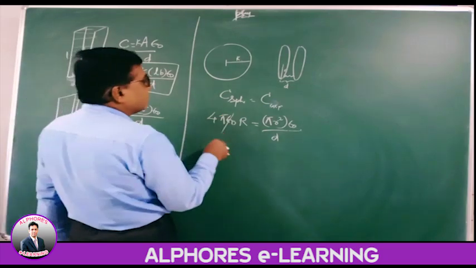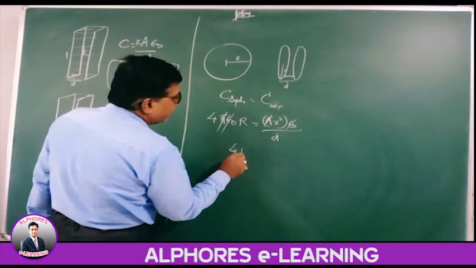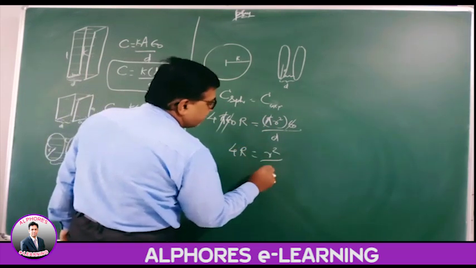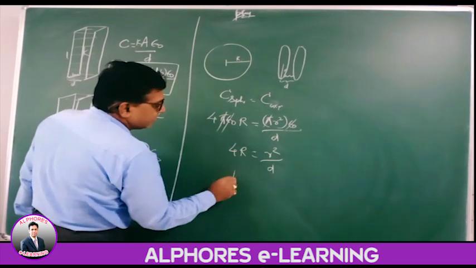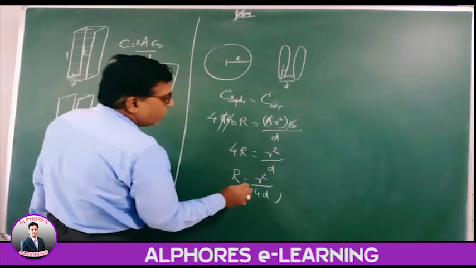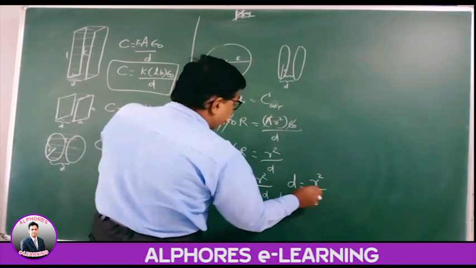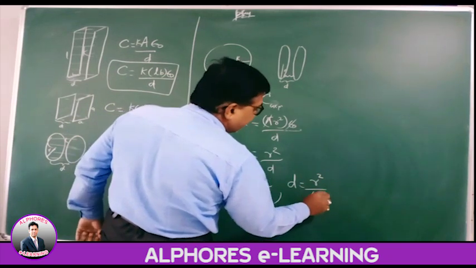So epsilon naught cancels, pi cancels, and 4 capital R is r square by d. So the radius of the spherical conductor required is r square by 4d, or the plate separation required, small d, is small r square by 4 capital R.